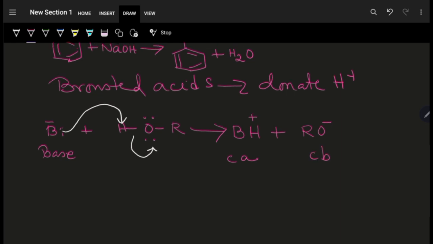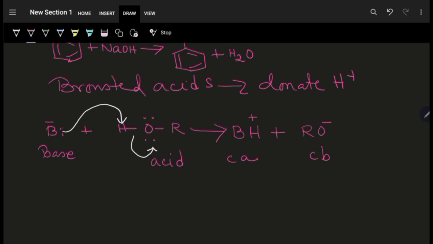So in that case, we are seeing that this alcohol is acting as an acid. But the acidic nature of alcohols is very, very weak. It is acidic, we will say, to some extent because of the polar nature of the OH bond.